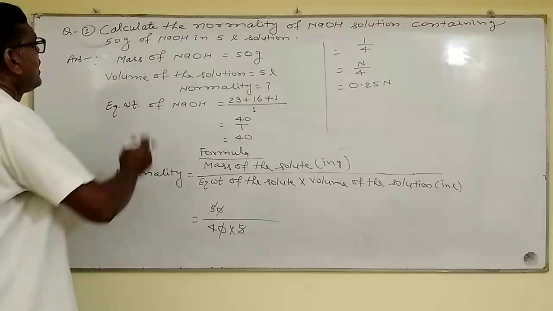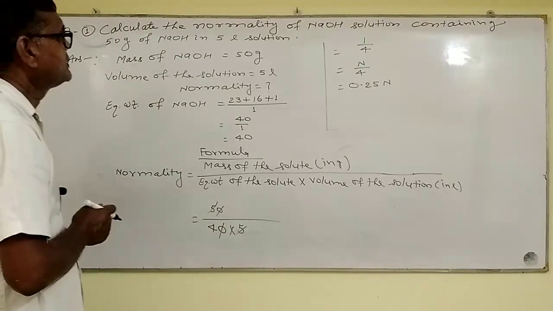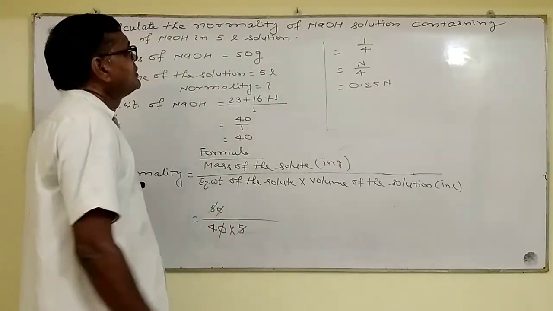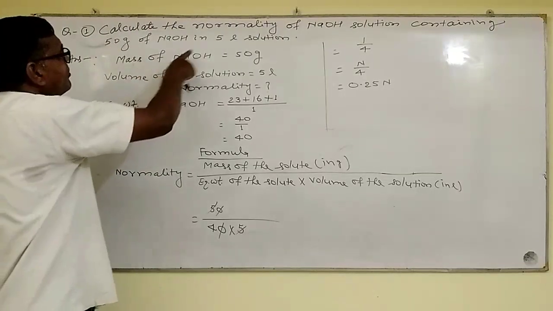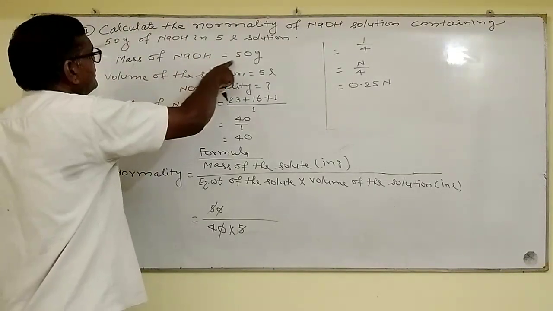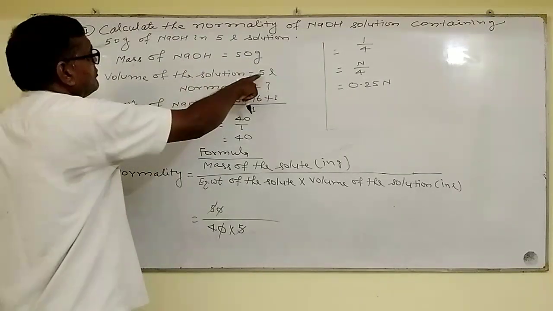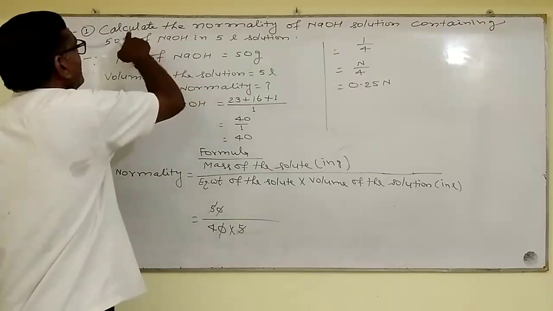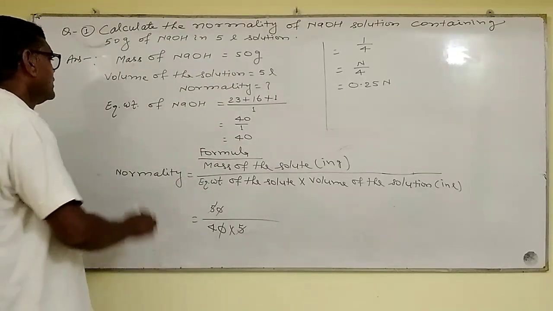We ask again in the question, NaOH is solute, mass of NaOH is 50 gram, volume of the solution is 5 liter. Here we write mass of NaOH 50 gram, volume of the solution 5 liter. Normality is equal to what? Calculate the normality of NaOH in the question.